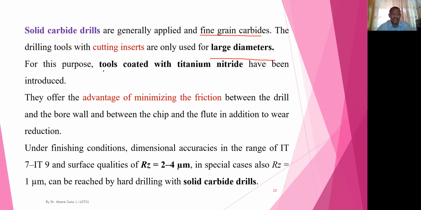For this purpose, tools coated with titanium nitride have been introduced. They offer the advantage of minimizing the friction between the drill and the bore walls and between the chip and the flute, in addition to wear reduction. So this means the coated titanium nitrides can reduce what?